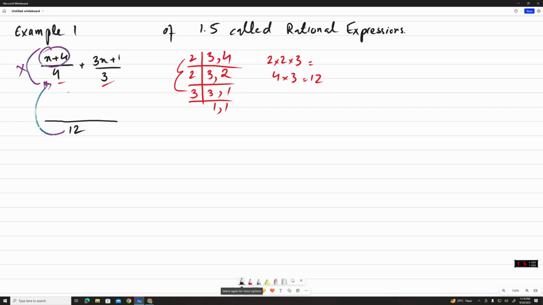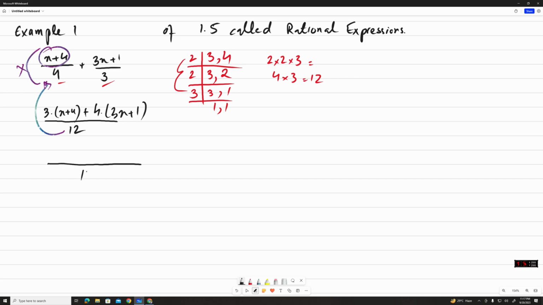So 12 divided by 4 is 3, so we get 3x plus 4. This plus comes like this. Now 12 divided by 3 is 4, and it's going to multiply with this expression.